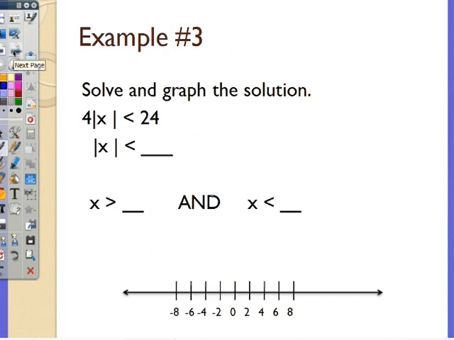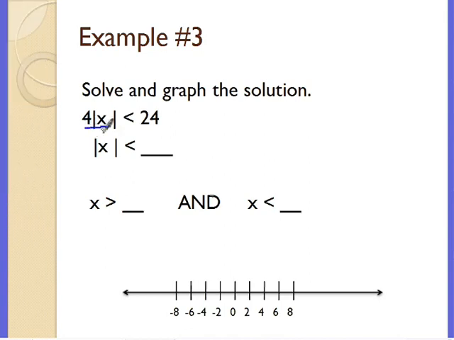4 times the absolute value of x is less than 24. Let's do this one together since it's the first one you've done. Divide both sides by 4 to get the absolute value alone. No distributing. And we get absolute value of x is less than 6. So for the first inequality, we flip the symbol to make it greater than, and we flip the sign on the number.